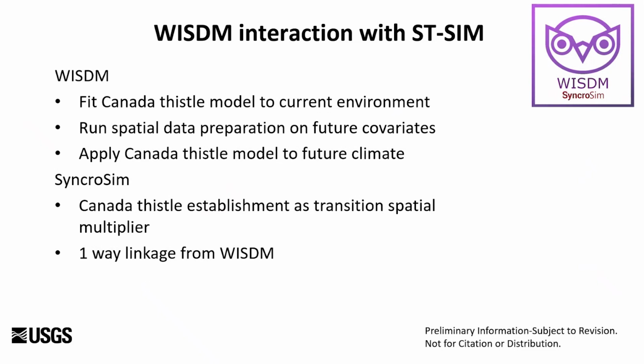And so we fit the model to the current environment, created those maps, and then we ran spatial data preparation on the future covariates, and then using a dependency on the model that we'd already fit with the apply model in the pipeline, we could apply that Canada thistle model to the future climate conditions, and then those outputs could be fed into SyncroSim.